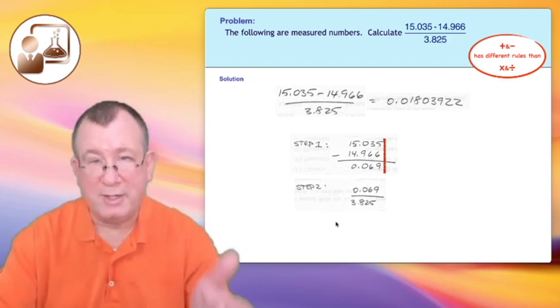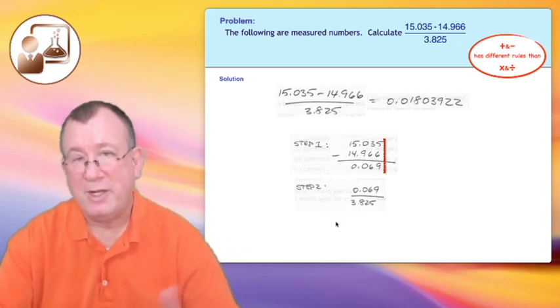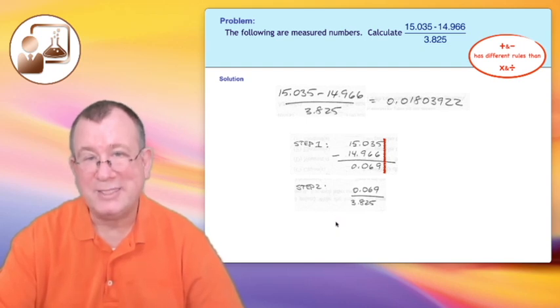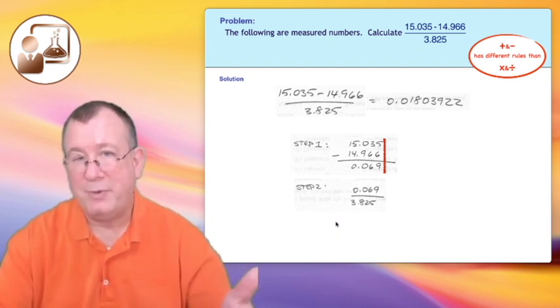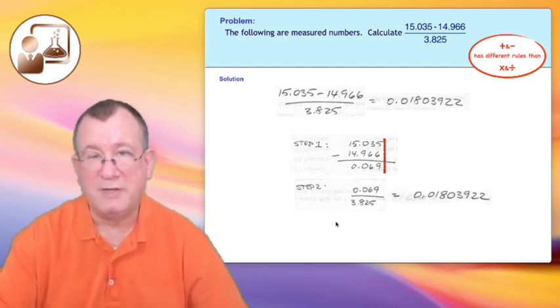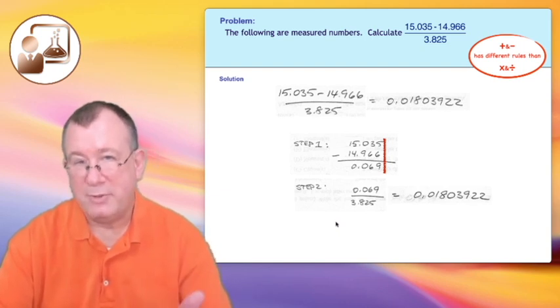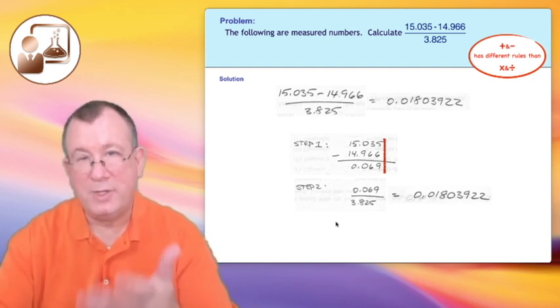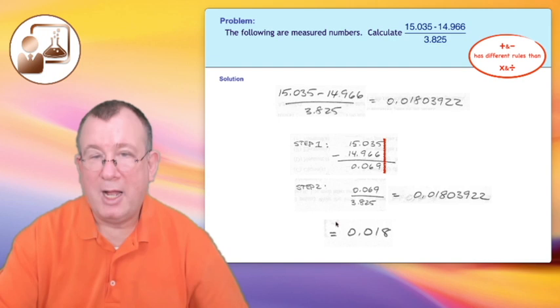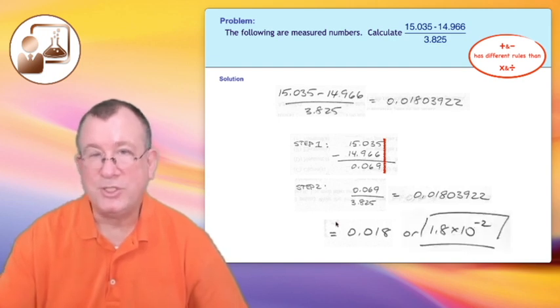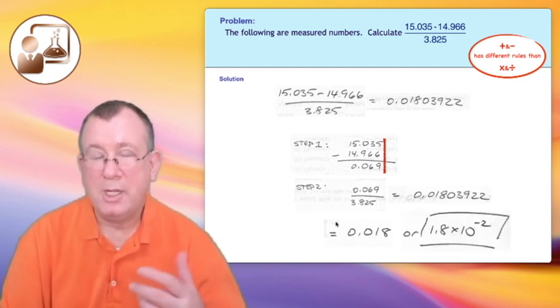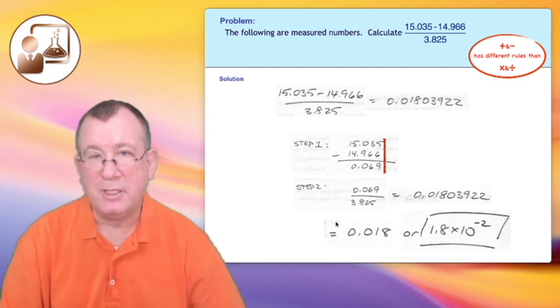Plug that into my calculator, I get all that noise. But I have to round it off after the 8 because that first operation reduced me to 2 significant figures. So this number is going to be 0.018, or 1.8 times 10 to the minus 2, and whatever units are on there.